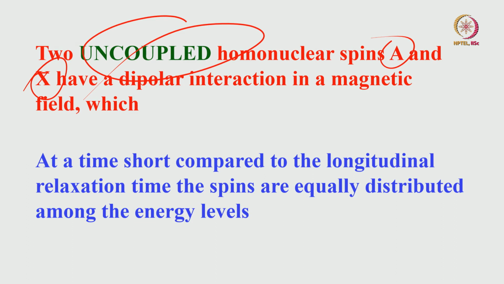As soon as you take the sample and put it in a magnetic field, what is going to happen? This is what is called relaxation. Outside the magnetic field, the spins are all degenerate. They are randomly oriented. There is no separation of energy states. We all know, as soon as you put the sample in a magnetic field, within a short time, called the longitudinal relaxation time, the spins start getting distributed among the energy levels. I didn't discuss longitudinal and transverse relaxation times, T1 and T2, in this course because that was discussed in the previous course.